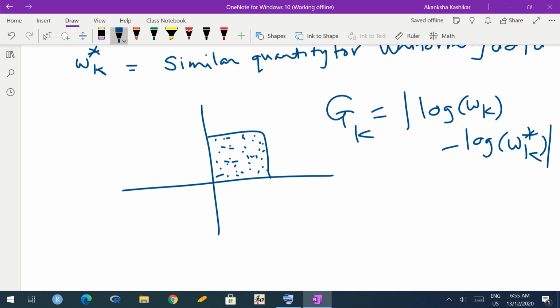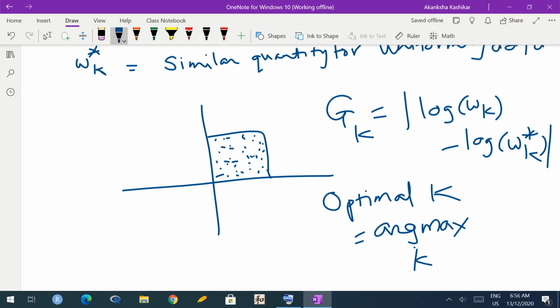And then we take the optimal k as that value of k for which this is maximized, because if for that k this is maximized, then it means that clustering with those many groups does make sense, because it is actually drastically reducing the within cluster sum of squares, which is the error sum of squares. So optimal k is defined as argmax over k of G k.